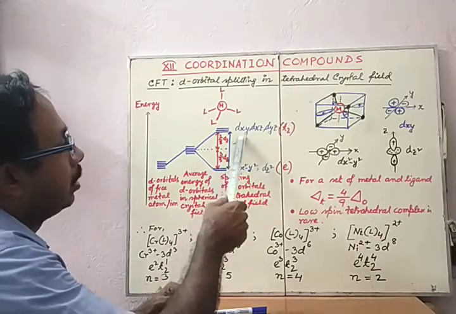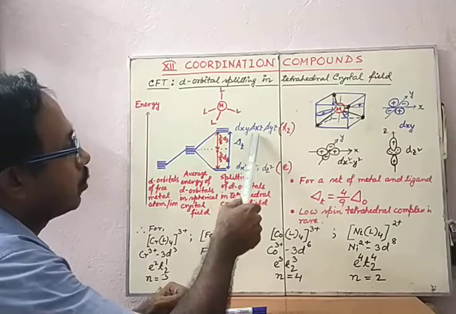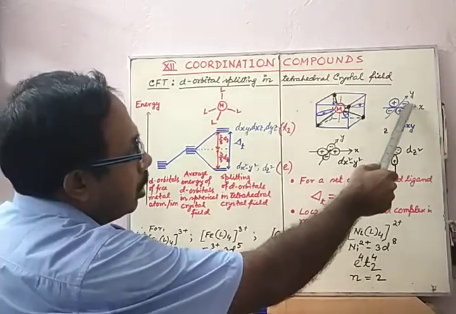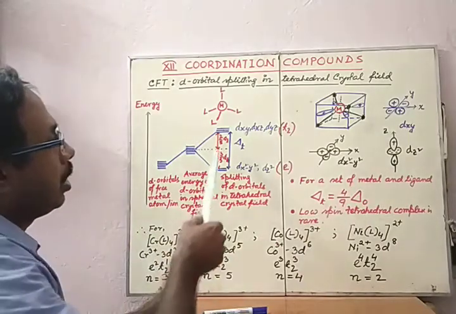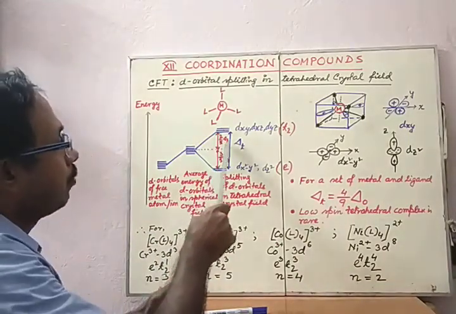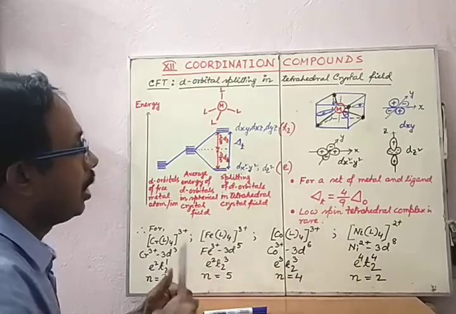The other 3, dxy, dxz and dyz orbitals, those in between the axis, have their energy lifted from the average value by 2/5 parts of this delta t.